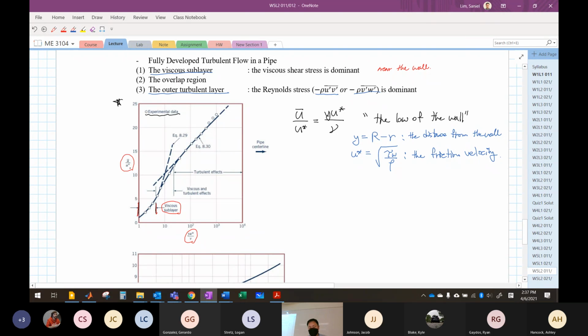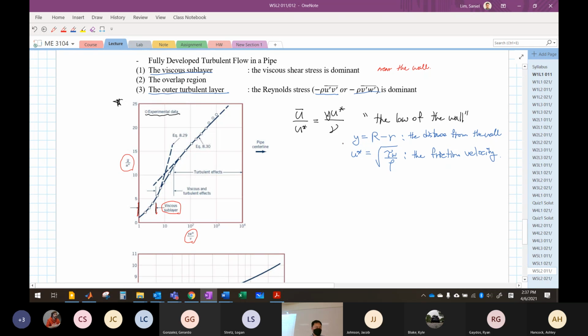So what you can do is, if you're given the wall shear stress and the density, you can put the numbers here, find the value here, then go back to the graph and find the right number of U bar over U star. Then you can find the velocity of the turbulent flow at a certain location, which comes from the y here.